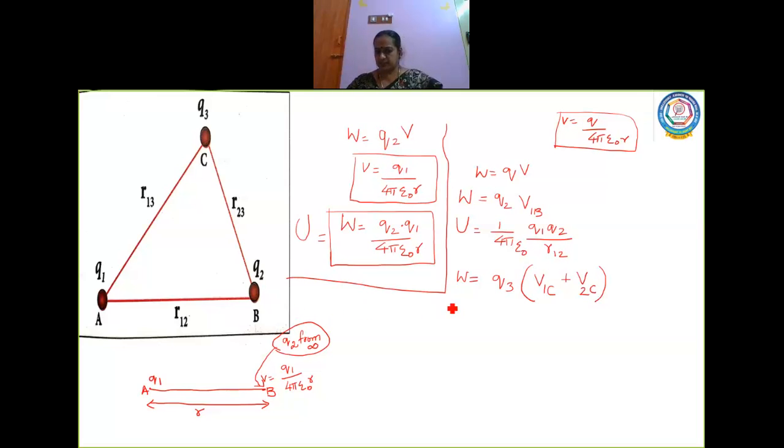Now let me write the equation for this, children. W is equal to Q3. Now what is the potential? Potential at C due to the charge Q1 at A. So what will be the formula? Here it is Q1 by 4 pi epsilon naught R13.